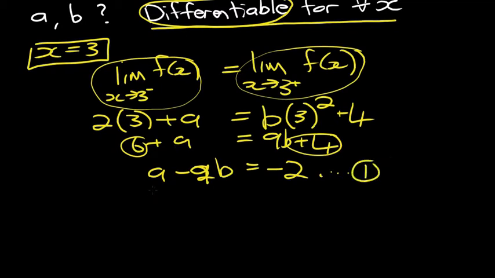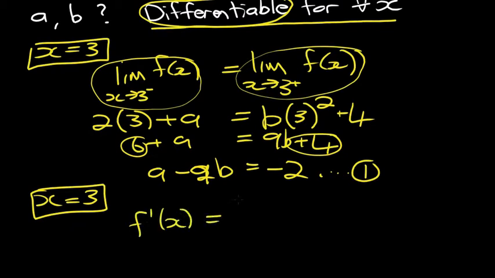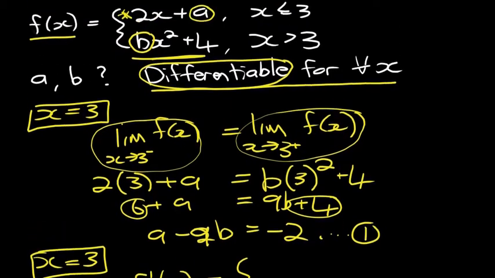Now at the point x equal to 3, we know it's differentiable. So that means that if we differentiate the function, we get this.